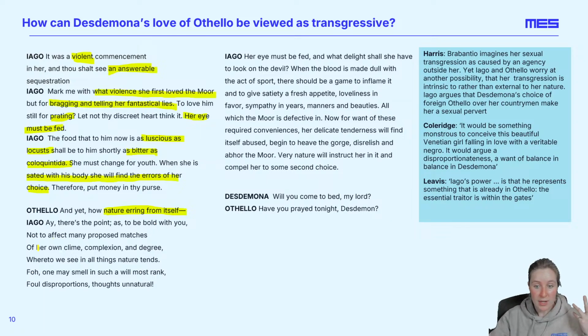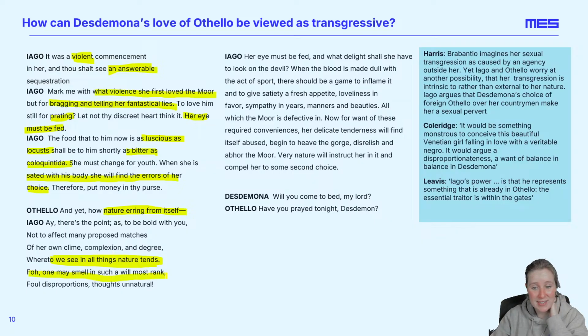To be bold with you, not to marry so many proposed matches of her own place, skin colour, and position in society, where we see in all things nature tends. So that everything in nature would go towards her accepting one of these many matches that she could have had. Why the heck would she have chosen you?